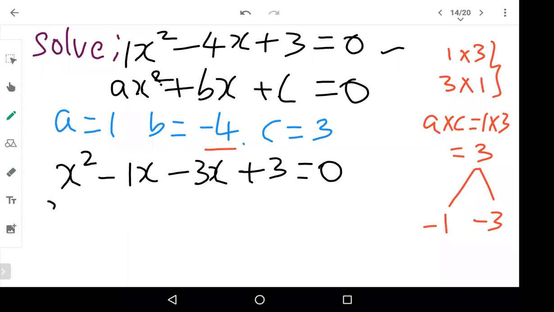So I can take X as common, which means x minus 1 will be the remaining expression. So X is taken as common. Next, on the other side, x minus 1.